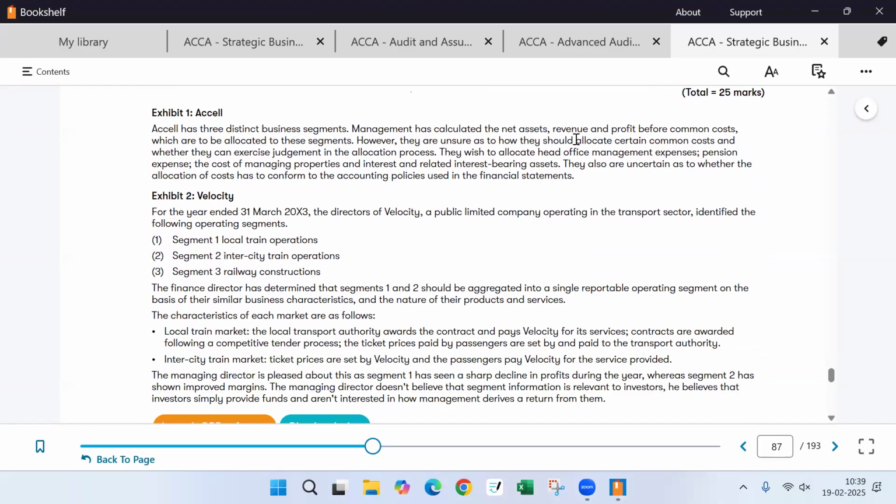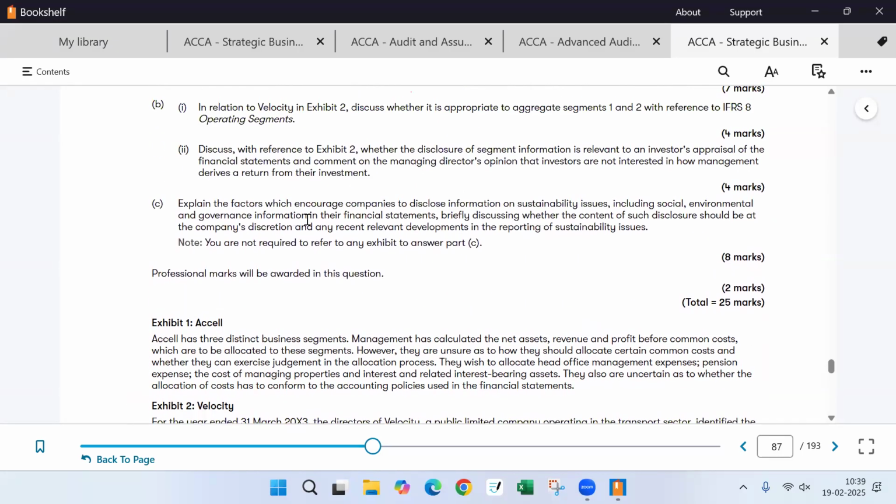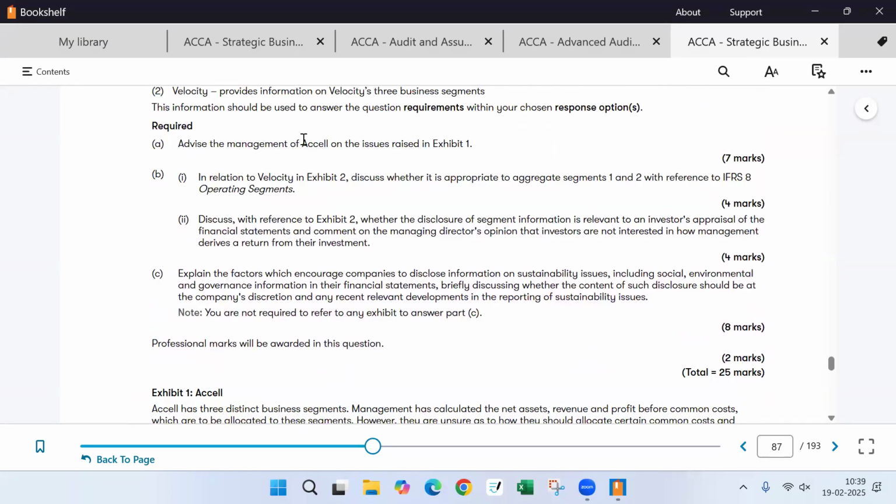However, they are unsure on how they should allocate certain costs, whether they can exercise judgment in the allocation process. They wish to allocate head office management expenses, pension expenses, the cost of managing properties, and interest and related interest-bearing assets. They are also uncertain as to whether the allocation cost has to conform to the accounting policies used in the financial statements. Okay. So with respect to Exhibit 1, advise management of Axle on the issues raised in Exhibit 1.